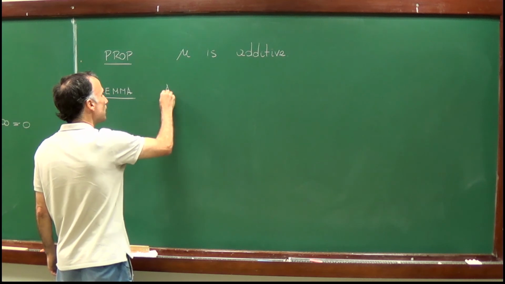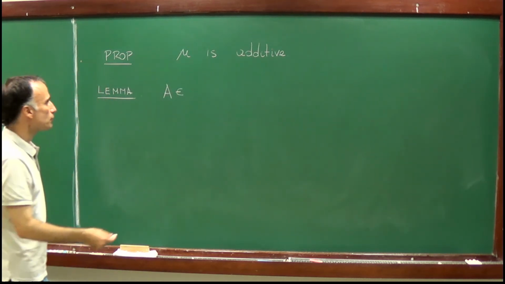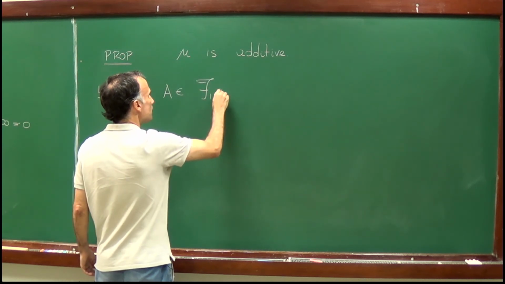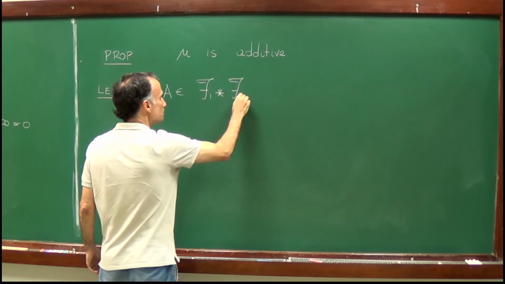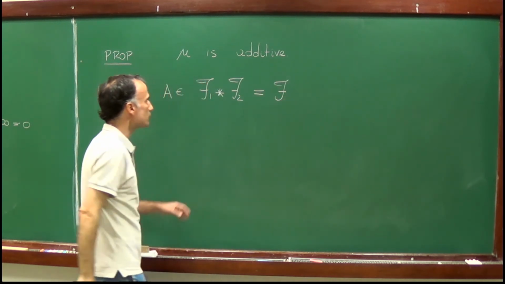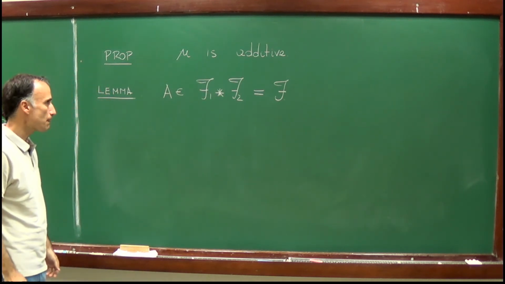Take an element of the product sigma algebra. So A is an element of F1 star F2, which I'm representing by F, remember. So this is the smallest sigma algebra which contains the rectangles.